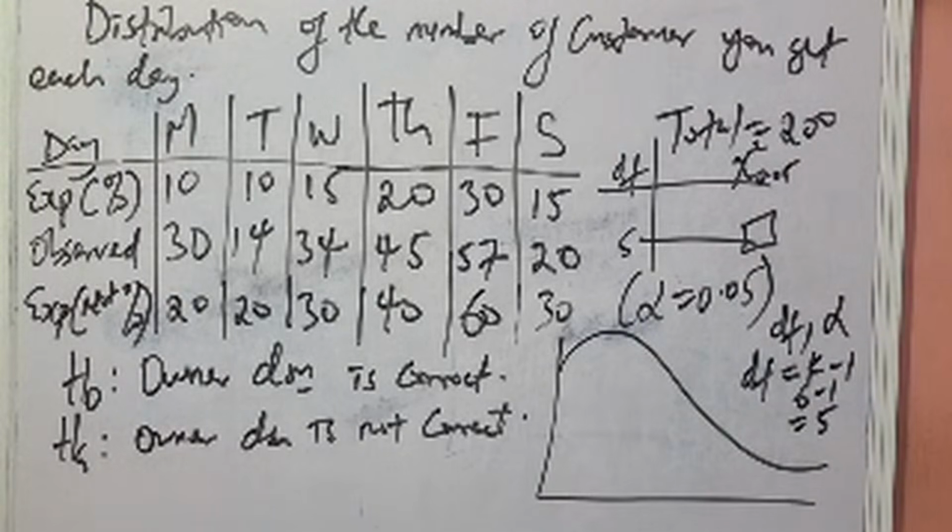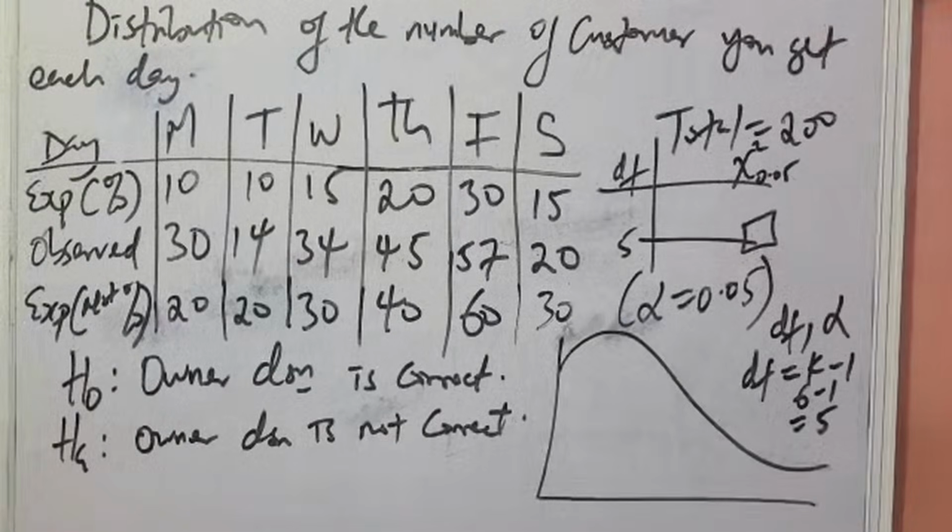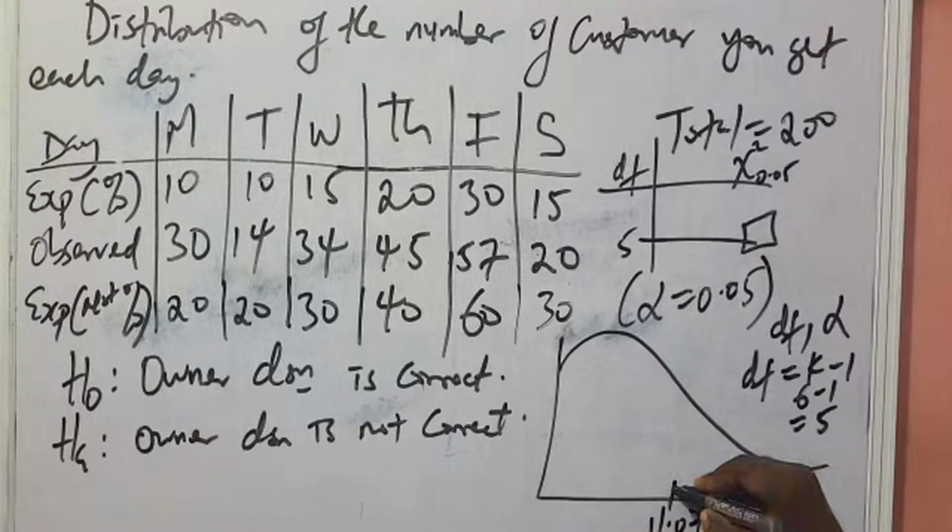Can you guys tell me what you saw when you made the crossing? 11.07. Are we all on that page? Do we all believe it is 11.07? Yeah, actually that was correct. 11.07 is very correct. So 11.07 is your critical value.